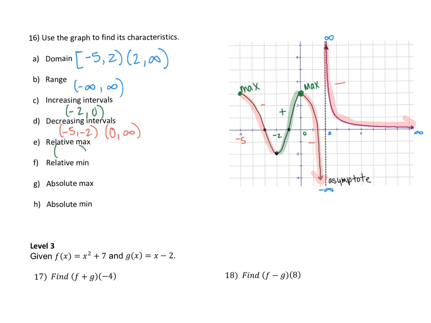So I'm going to write the coordinates down. For the first one, this looks like at negative 5, 3. And the second one is right here at 0, 3. Whereas the relative min would be down here, because if you're looking at mins, you need to look at the dip.